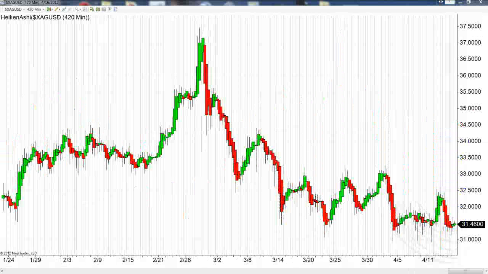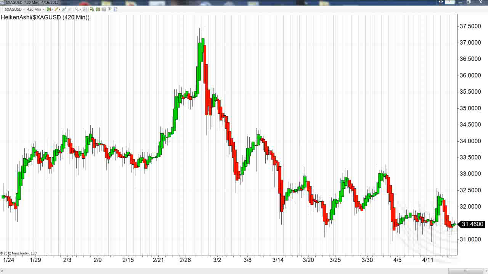And when we take a look at silver in terms of our Japanese average or Heikin Ashi, you can see that it has not only come off the lows, these are the extreme lows down here, but what I tend to look at with the Heikin Ashi really are the bodies. And for the first time, and again, this is a 420-minute chart, in the session, you can see we have gone back to green.